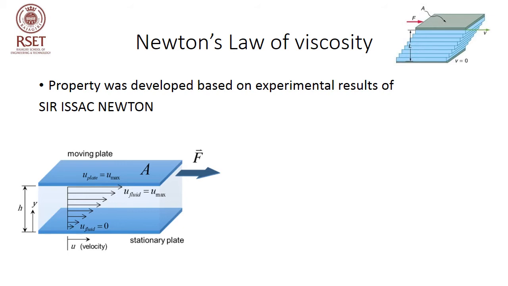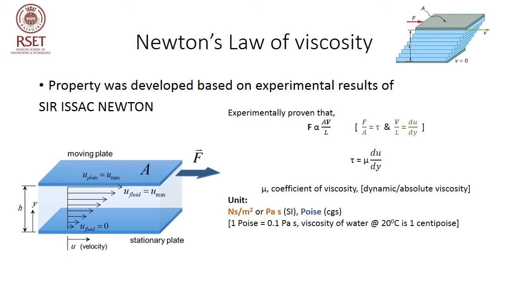He kept one plate stationary, and to the second one he applied a force F, so that plate moves with a velocity u max. The velocity of the stationary plate is 0.